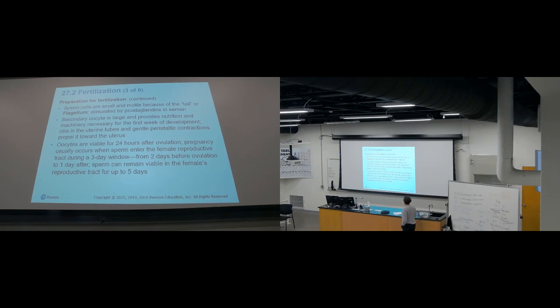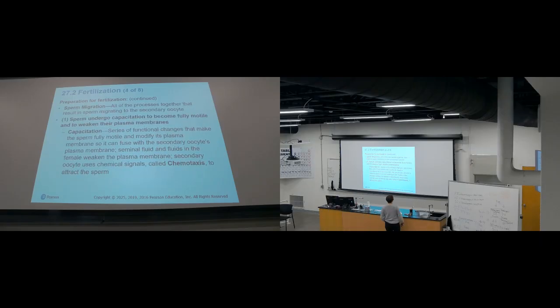The sperm can remain viable in the reproductive tract for up to 5 days. That's kind of a disadvantage for us. That's why females have all our reproductive organs protected by these bones and the fat tissue, the mons pubis, because for reproduction we are more fragile in a way.